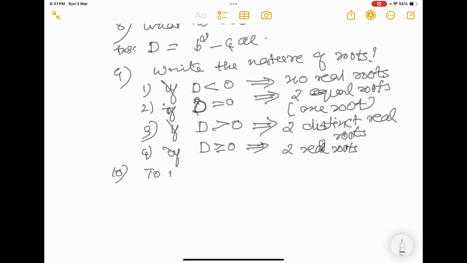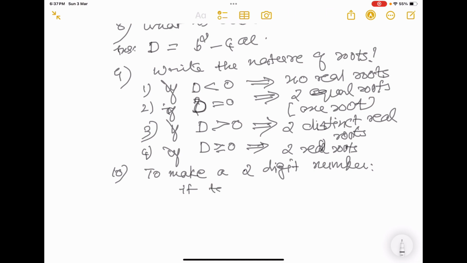To make a 2-digit number, first take the tens place and units place.